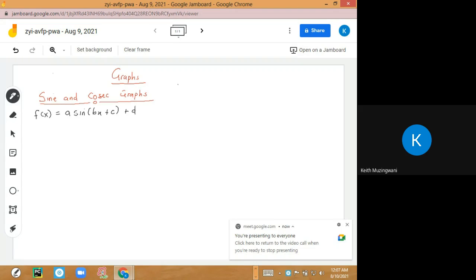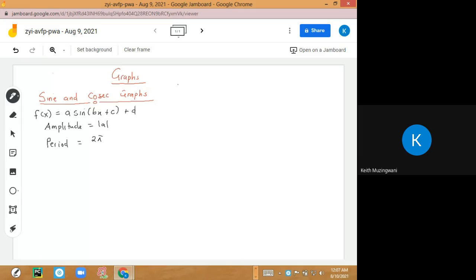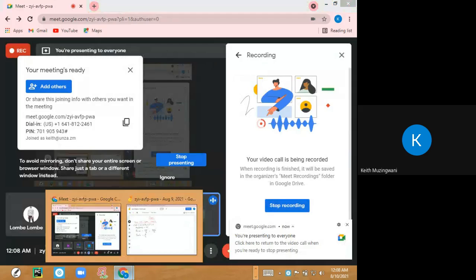When you have such a structure, every function of sine that you're going to see, take note that we have labeled its properties in this form, where we are naming the amplitude to be the modulus of A, the period to be 2 pi over B. When I say 2 pi, I mean 360 over B. Then the scale of the drawing is going to be the period divided by 4. That's the scale of the drawing.